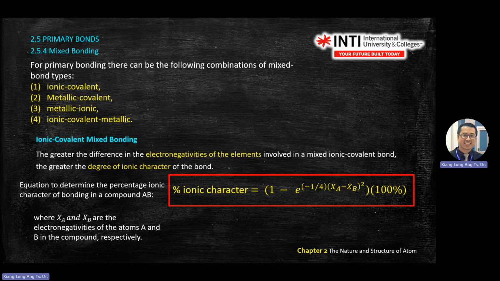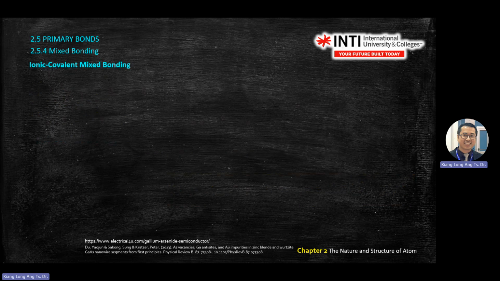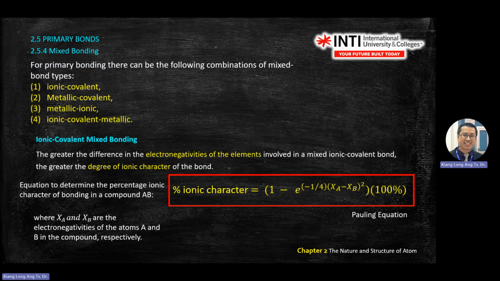You are given one compound, then you read from the table and substitute here. This is called the Pauling equation. Sometimes the question is so kind, it will direct you to use this equation: by applying the Pauling equation, analyze something.